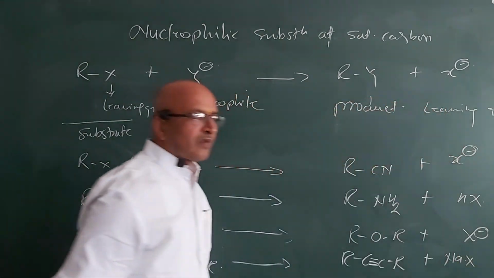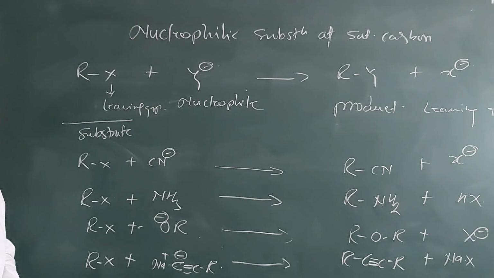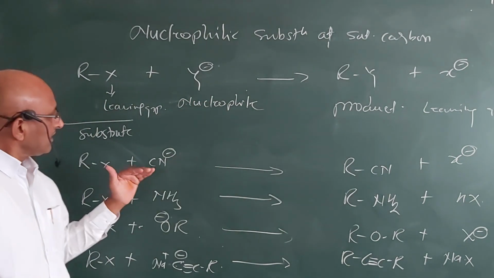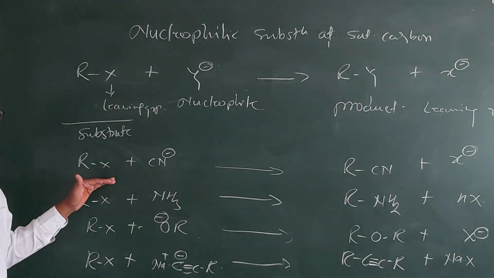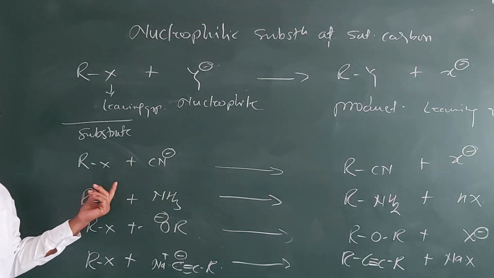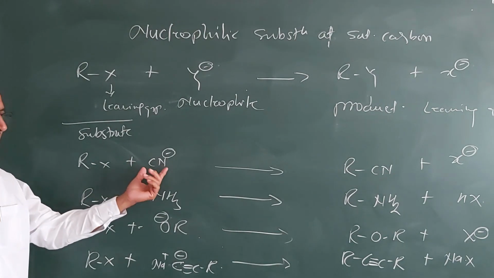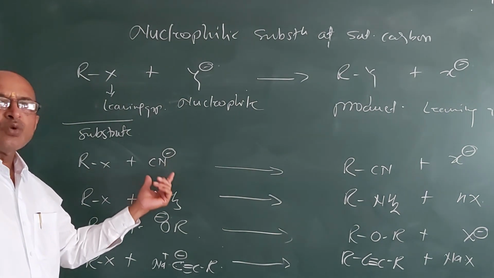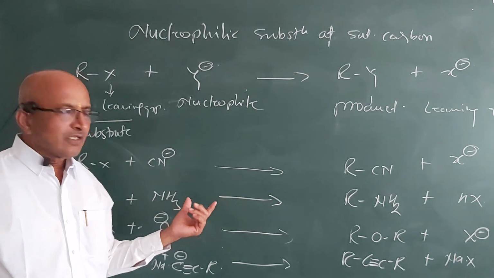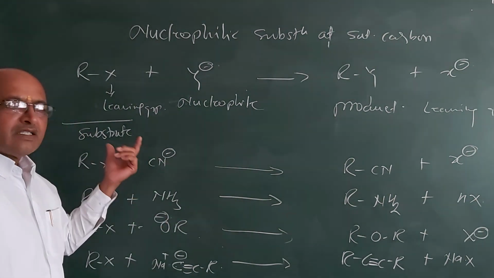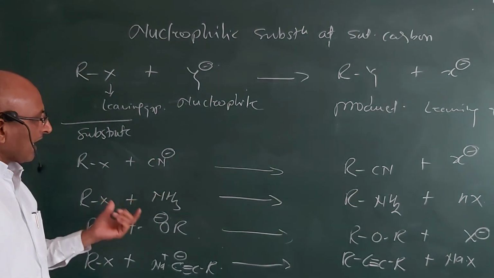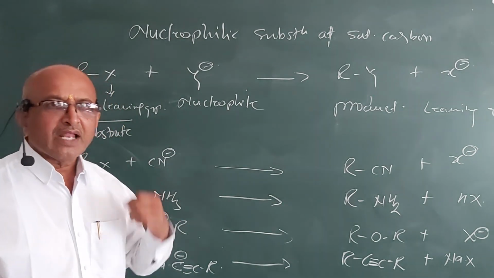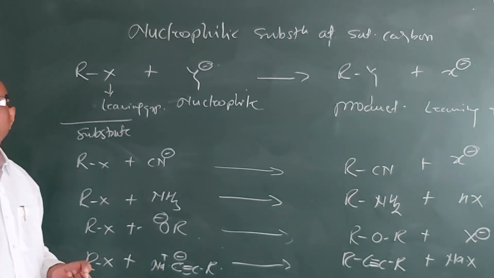And so this leaving group is a negatively charged species, means here the nucleophile donates an electron pair. It donates an electron pair. And so this is also called a nucleophile, and this can also act as a Lewis base. And so there is a basic difference in the activity of a nucleophile when it acts as a Lewis base and when it acts as a nucleophile.